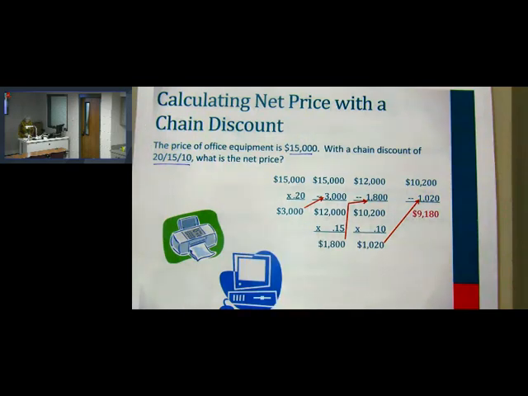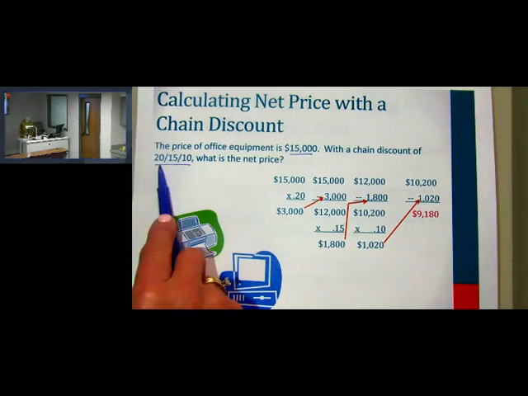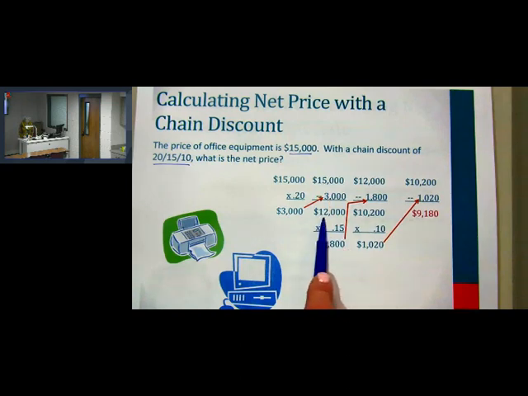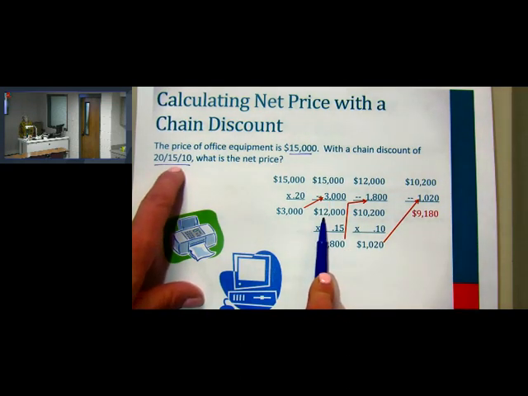So here's basically what your chain discount does. It takes $15,000 with a 20% discount. $15,000 times 20% means you have a discount of $3,000. Take your $3,000 off. Your net price is now $12,000. But then we have another 15% discount. So I take $12,000 times my 0.15.